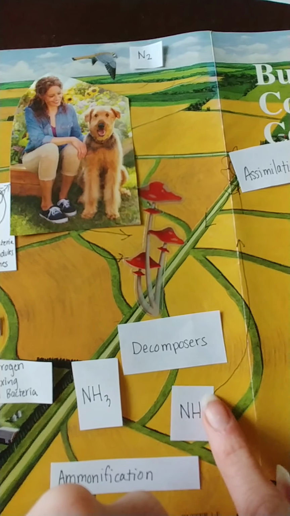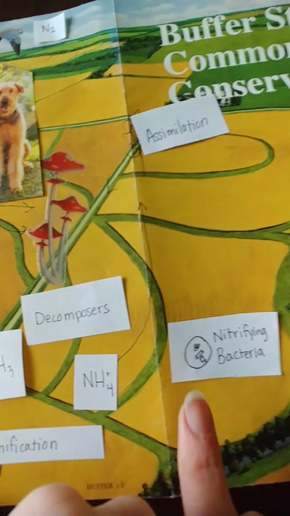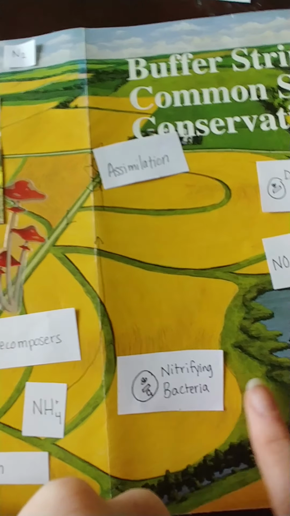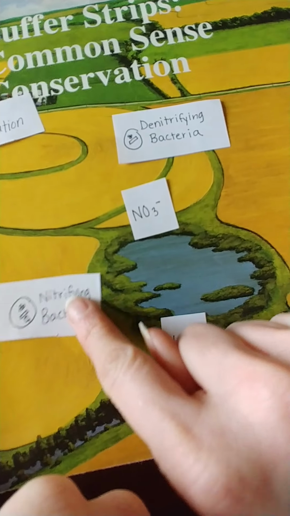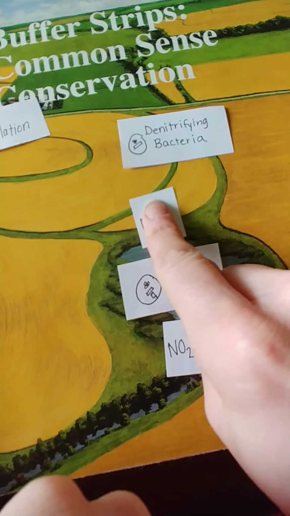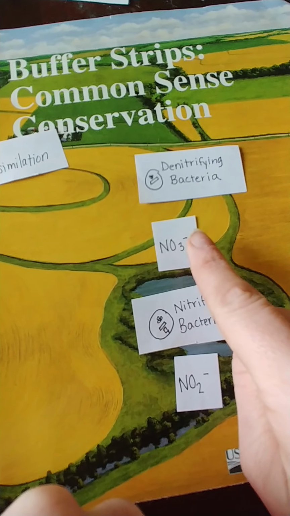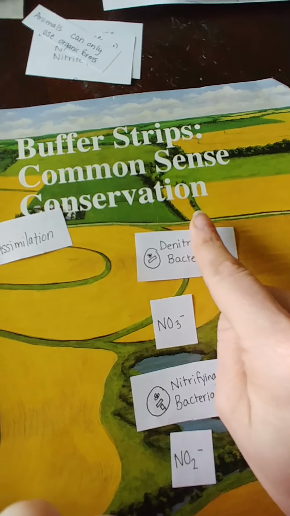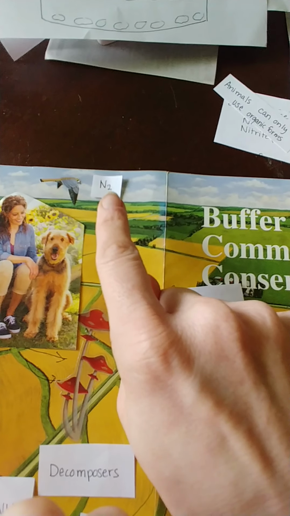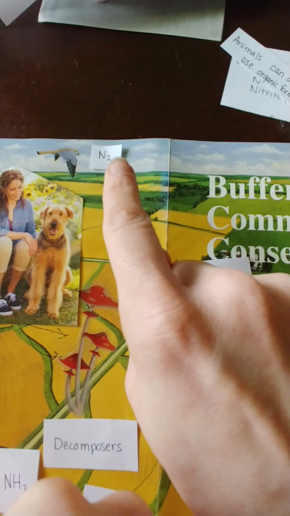Now, from the NH4, we have nitrifying bacteria that is going to allow it to change into NO2-. NO2- is going to have nitrifying bacteria again that is going to change it into NO3-. That's going to convert it with denitrifying bacteria into N2, which is the way that we can use it in our atmosphere.